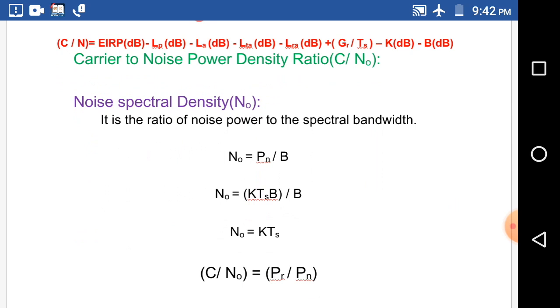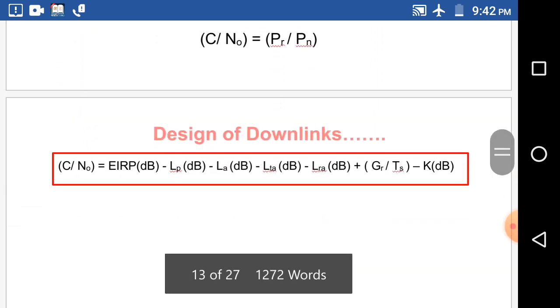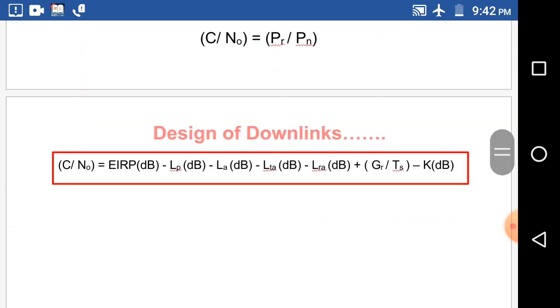If we put N naught in the above equation, that is the carrier to noise power density ratio, we will get a finalized formula, and this formula is denoted by C by N naught. N naught means power density. Only one term will cancel, that is B, the noise bandwidth.